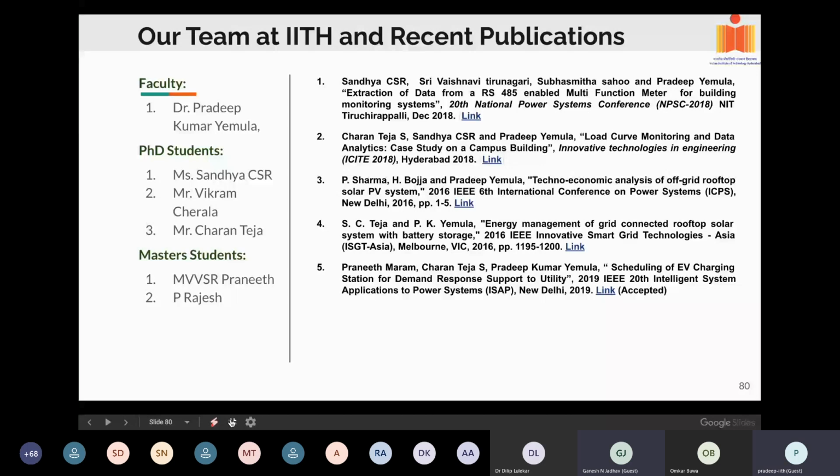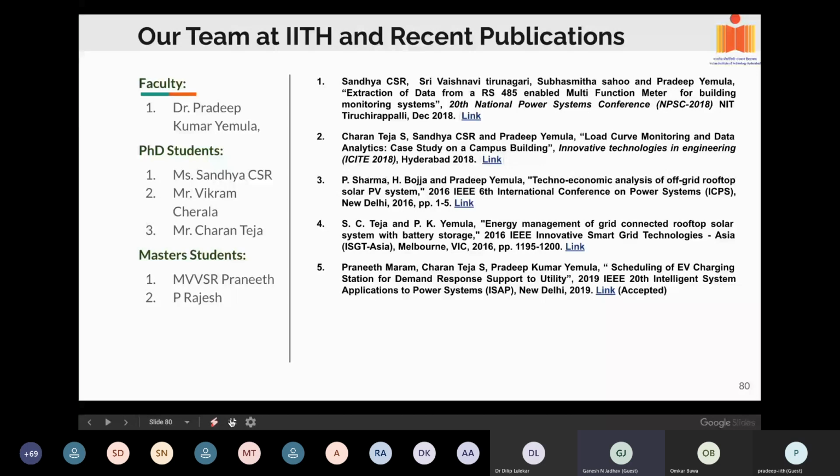I would like to get a sense of what the situation is in your campus. Do you have solar panels installed in your campus, and what kind of generation are you having? Yes, sir. We have solar panel generation at our institute, and supply from the Maharashtra State Electricity Board is available, and a diesel generator is also available.